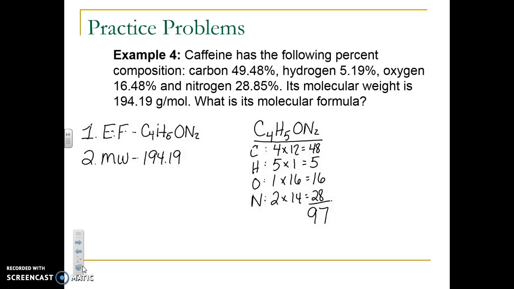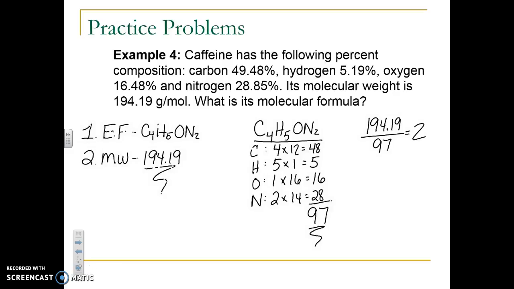So we see that the empirical formula's mass and the molecular weight are not the same, which means that our empirical formula is not the same as the molecular formula. So we need to find how many times larger this molecular weight is than this empirical formula. And to do that, we'll just divide. So I'll take the molecular weight, 194.19, divided by the empirical formula's mass of 97, which comes out to be 2.